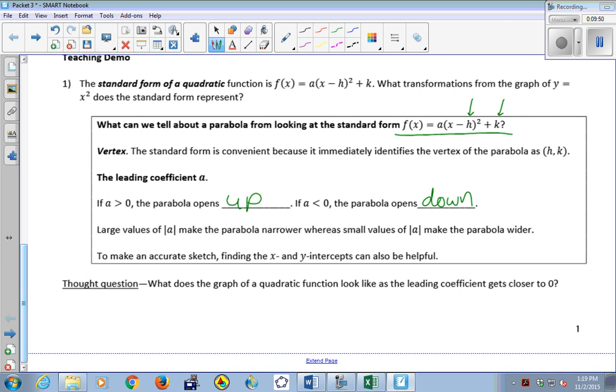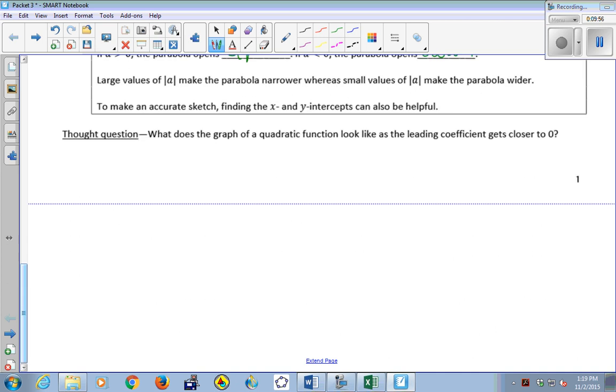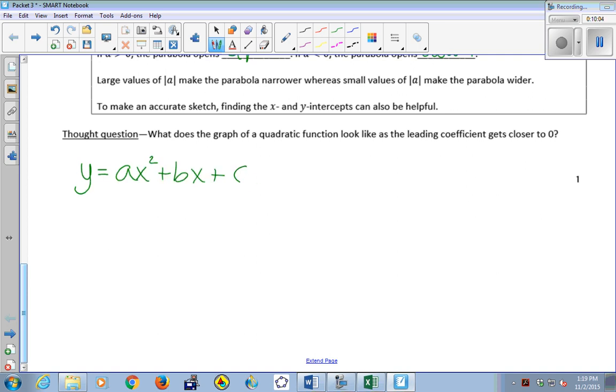All right, if we let the leading coefficient get closer and closer to 0, like if I have ax squared plus bx plus c, right? That's a different form, but equivalent to the one we were just talking about.